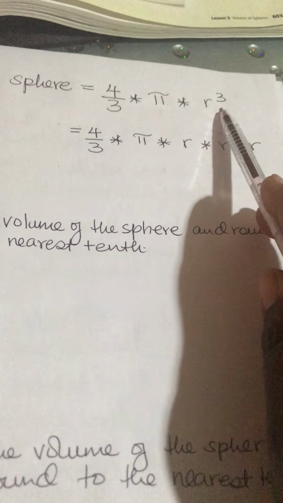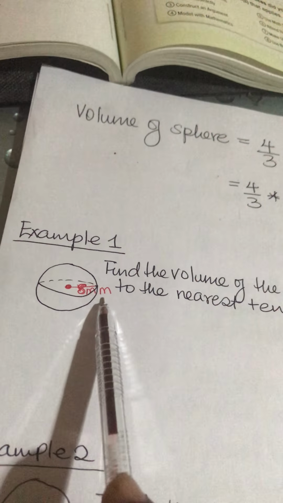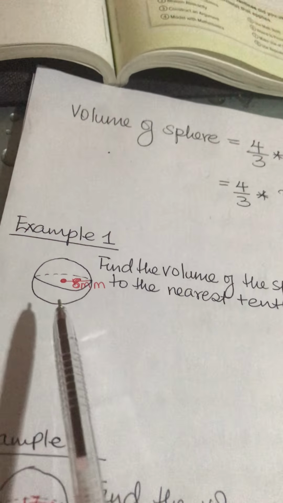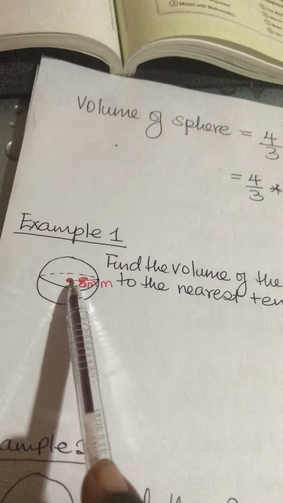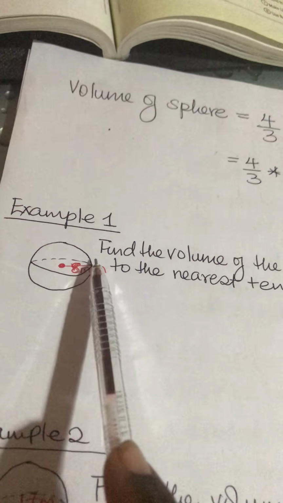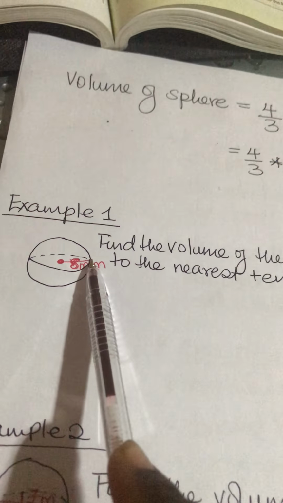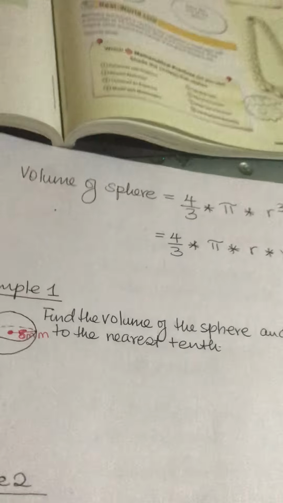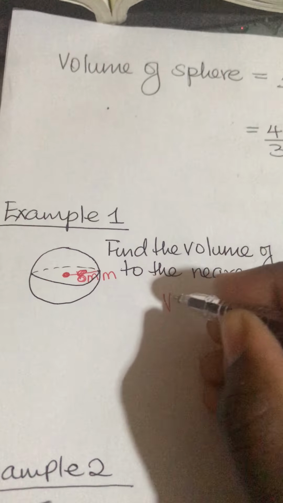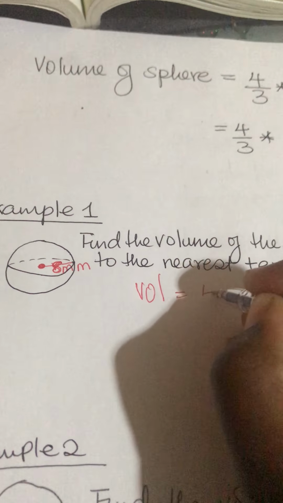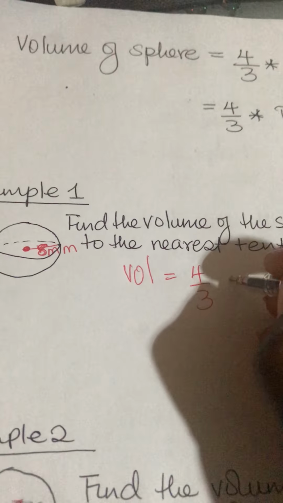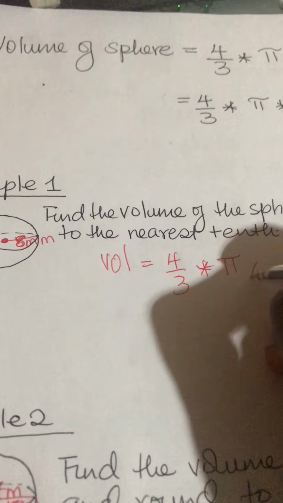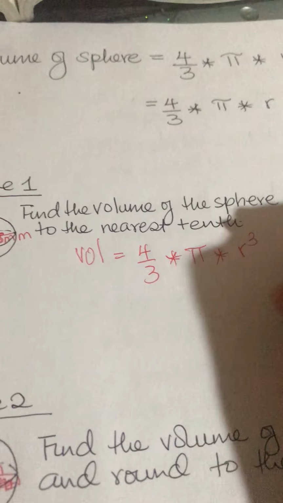In this question, our formula needs radius. You look at your picture. Did it give you radius? You say yes, because the line starts from the center to the end of this circumference. So this is the radius. So then you write volume equals 4/3 times pi times radius cubed.